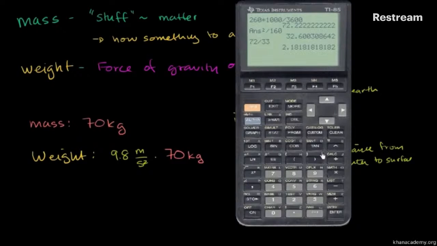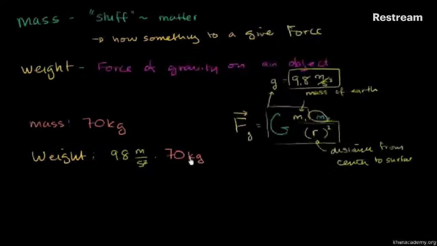So we have 9.8 times 70 kilograms. We have 686, and then the units are kilogram meters per second squared. And these units, kilogram meters per second squared, are the same thing as a Newton.